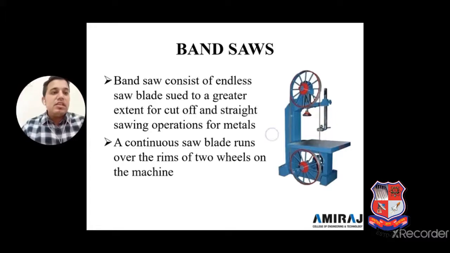We will look at the detailed diagram. Here you can observe this frame, and these are the two wheels. It is rotated by a motor, so the blade will be rotated, but it is a very dangerous machine because the speed is high. We have to take safety measures.